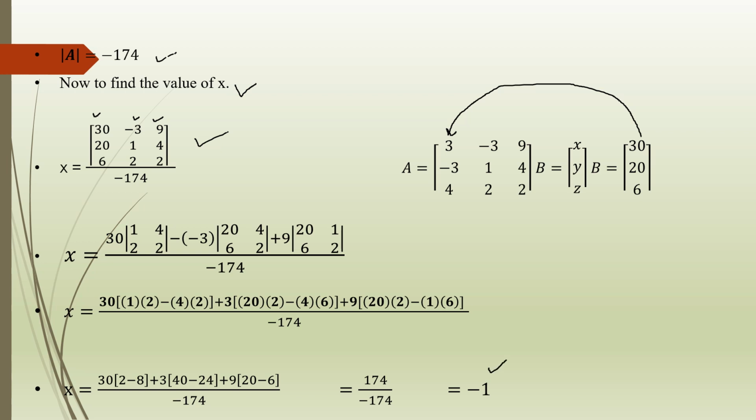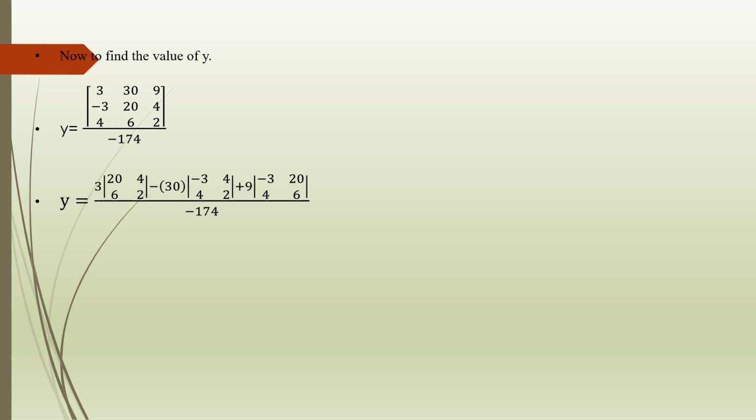Now let's move to find the value of y. To find the value of y, the first column and the third column will be the same. Now the second column will be replaced by matrix B. Now find the determinant of this 3 by 3 matrix and then divide by minus 174.